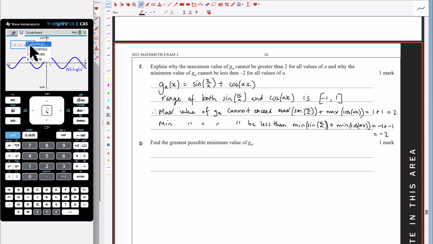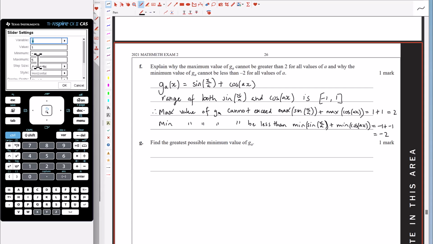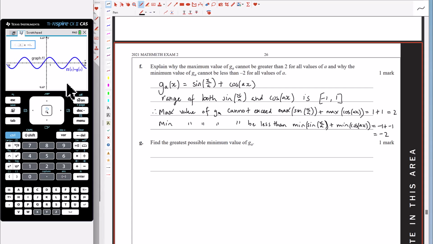I'm right-clicking, and on your handheld to right-click, you need to press Control menu. I'm just going to go to the settings. A has to be a positive integer, so I'm going to make the minimum value of A 1. And let's make that 10 so we can go a bit further. We just want to count up in ones because A has to be an integer. Okay.